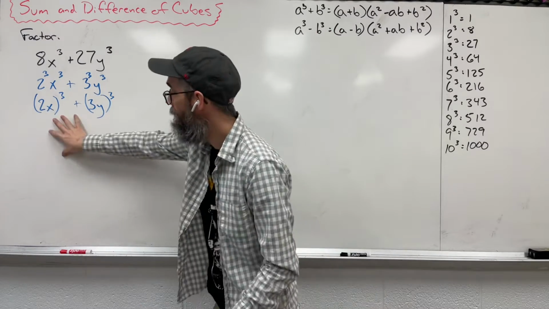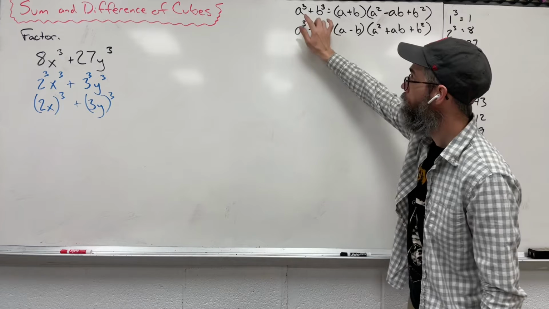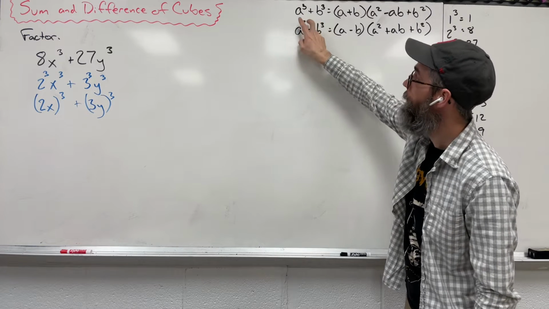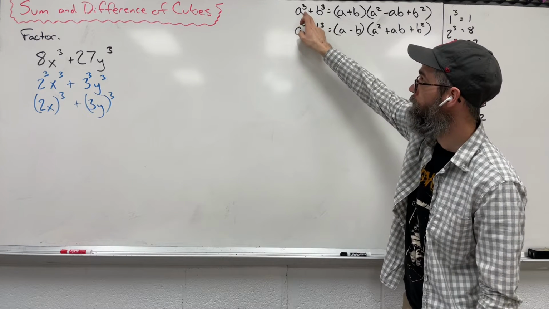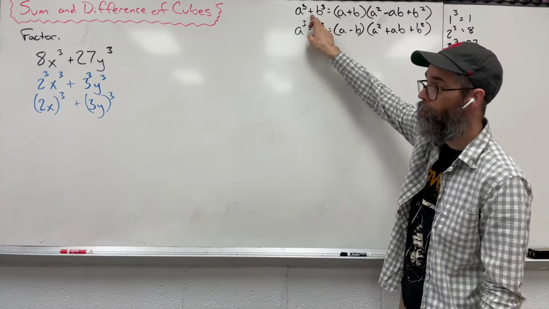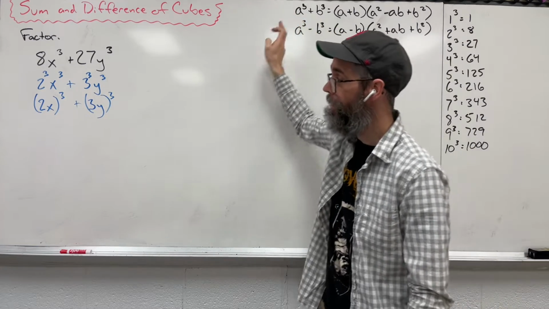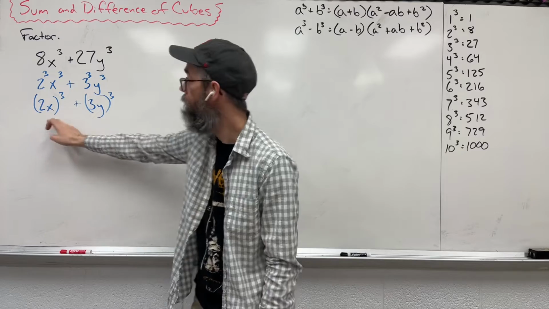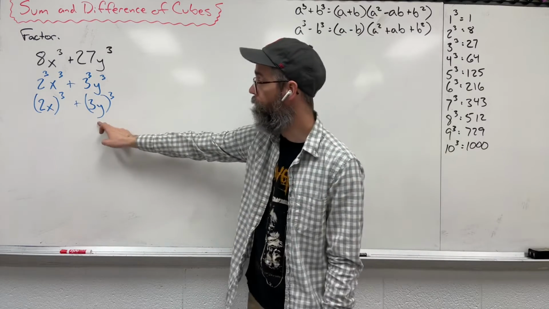Now, what I have here is very similar to what we have going on right here. I have a number being raised to the exponent, a number being raised to the exponent, with a plus sign. My a in this case would be 2x. My b would be 3y.